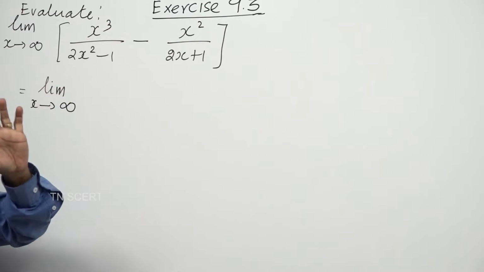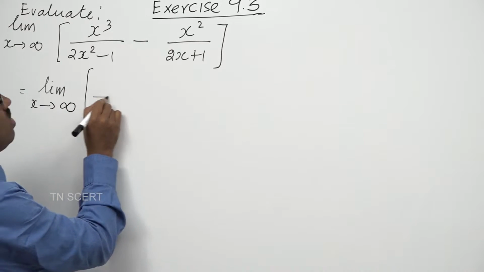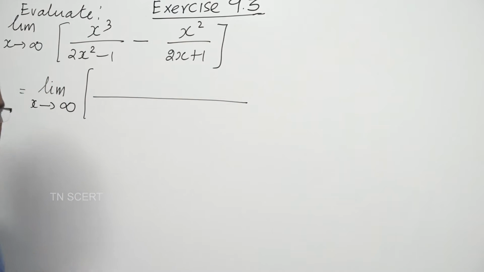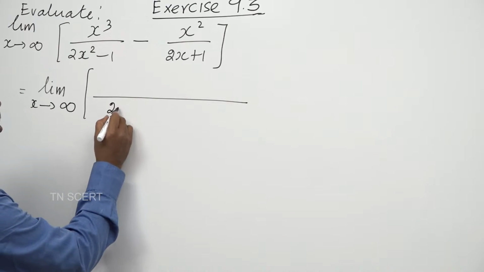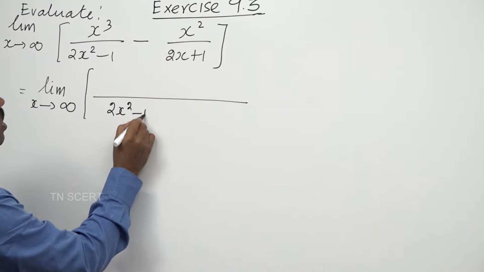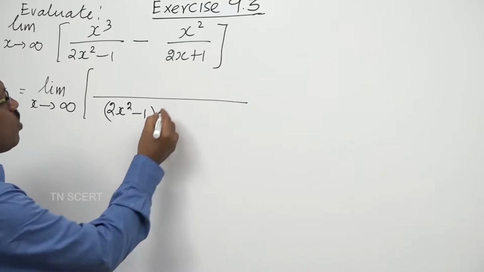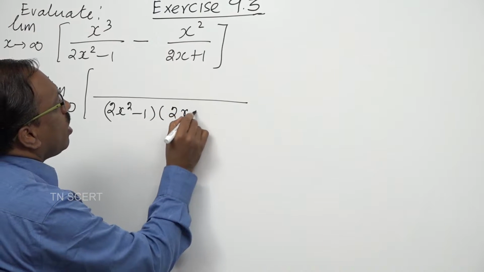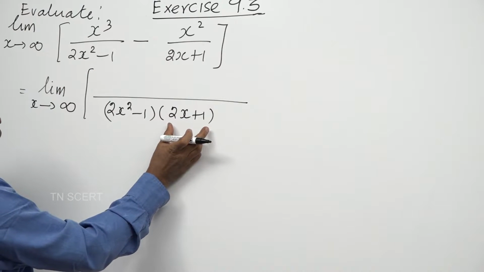So, first let us take the LCM for the denominator. The denominators are 2x square minus 1 and 2x plus 1, so the LCM is 2x square minus 1 times 2x plus 1.